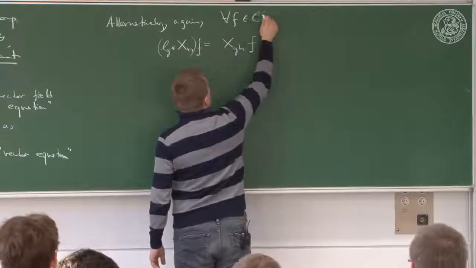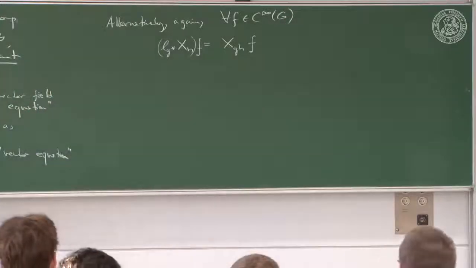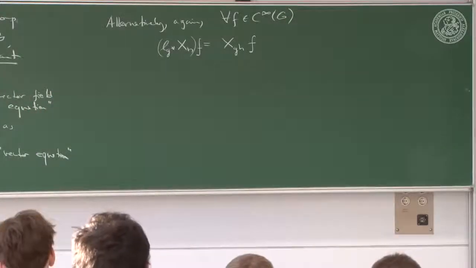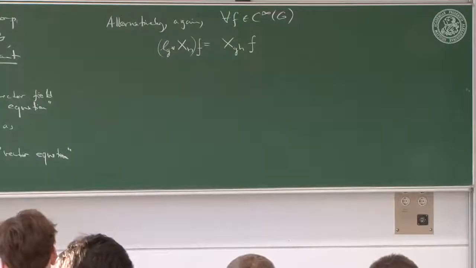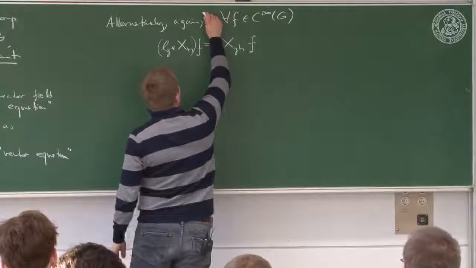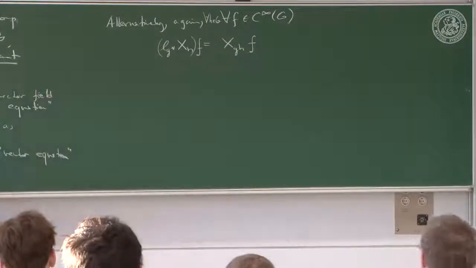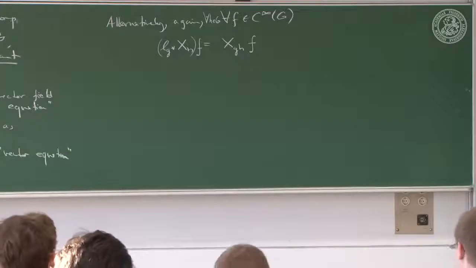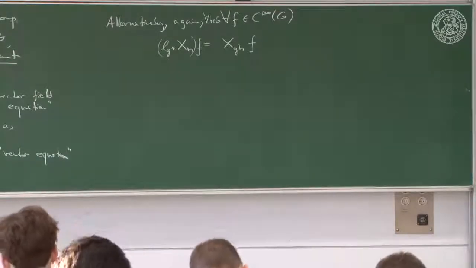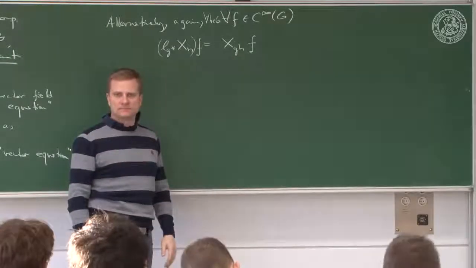So now we take an arbitrary smooth function on our manifold G. And, well, if this is true for all the vectors, it must be true that for all h in G, and for all f in C infinity of G, this equation is true. Right? It's just, if the vectors are the same, then the action on a function is the same. Okay?